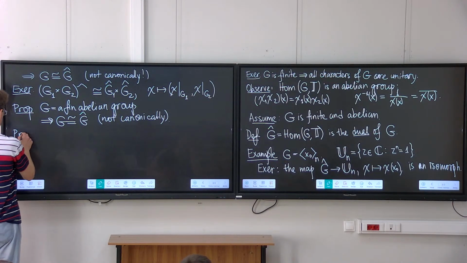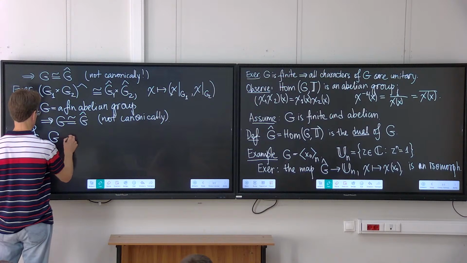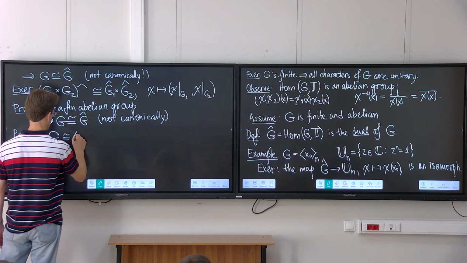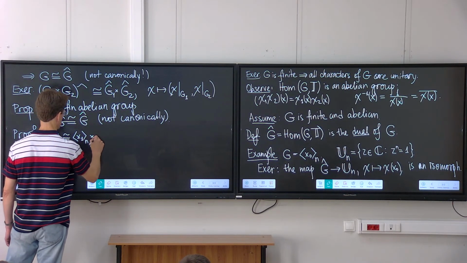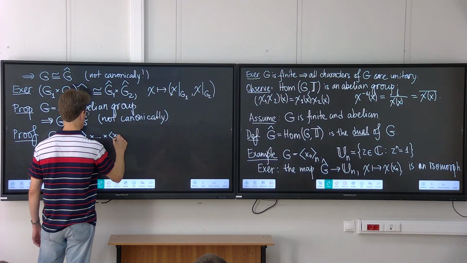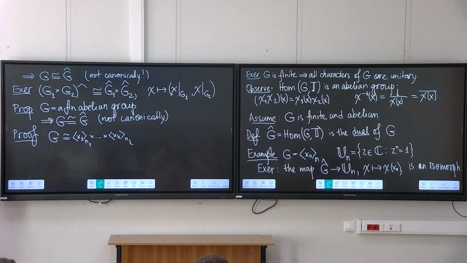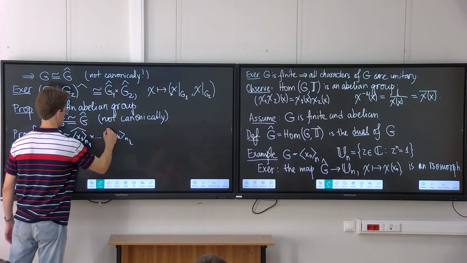The proof of this is also very easy, because we know that a finite abelian group is isomorphic to a product of finitely many cyclic groups. If you apply now the previous exercise, we see that the dual of G is isomorphic to the product of their duals.